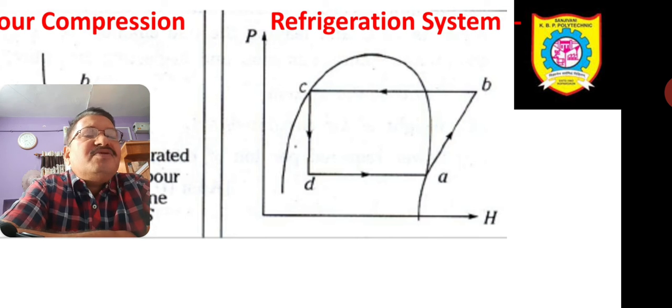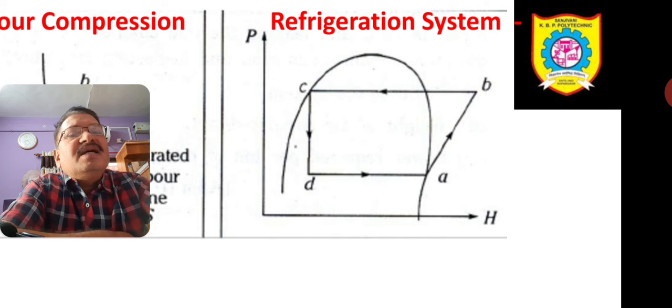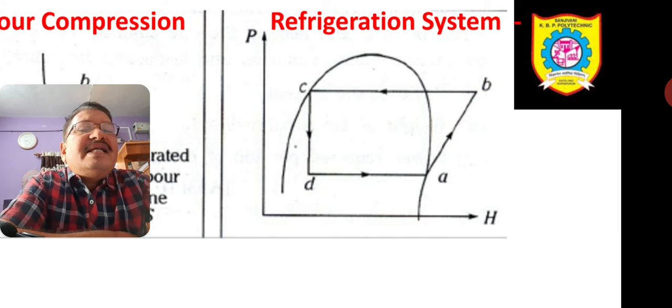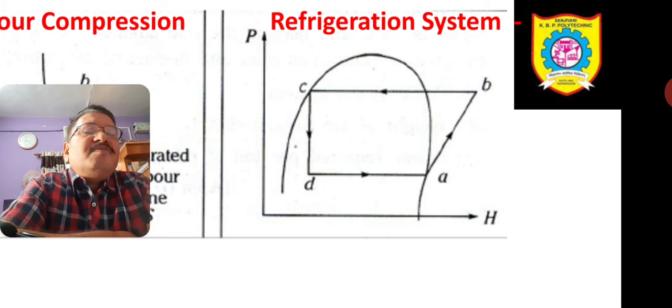To the right of the saturation curve we have only vapor, and to the left we have only liquid. That liquid is called the subcooled liquid, and the vapor to the right of the saturation curve is called the superheated vapor. If we take any point on the saturated vapor line, then the condition of the refrigerant will be saturated vapor.